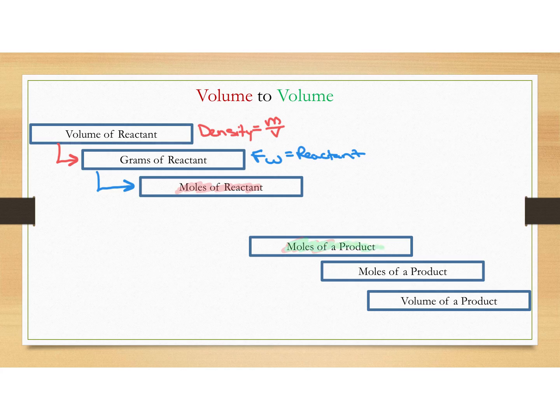How do I go from moles of a reactant to moles of a product? I have to use my chemical reaction. And with that chemical reaction, I use the concept known as the mole ratio.